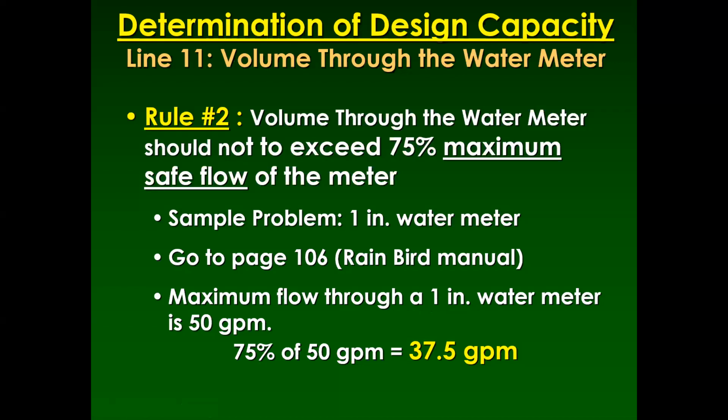There are no other markings for 52 gallons per minute, because that meter cannot safely handle that. So we're going to 75% of that, giving us 37.5. So we should have 37.5 gallons per minute in that next line.